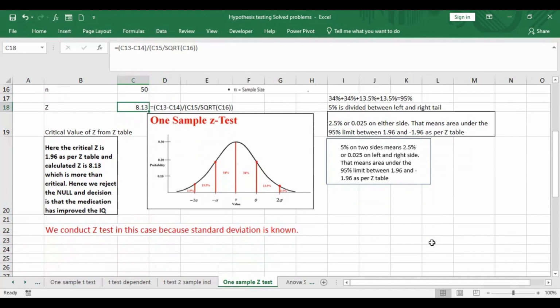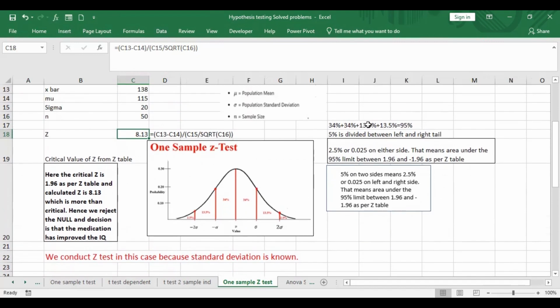Now, we can't compare directly. What you have to do here is, just remember this, for 95% significance there is 2.5% on this side, the right side. If you go to the Z table, you'll find that this 2 sigma value corresponds to 1.96 here and 1.96 here.